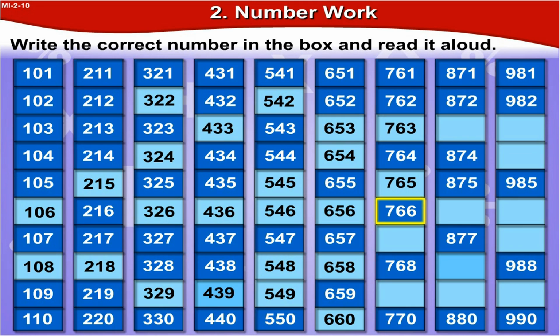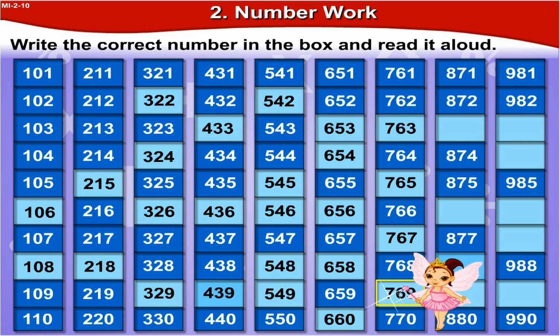Then 766, another box. After 766, we have 767, which is 767, so write it in the box. Then we have 768 and another box. After 768 comes 769. So you write 769 in the box and then we have 770.